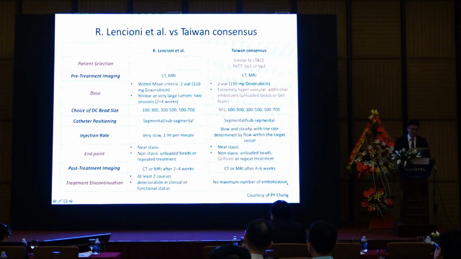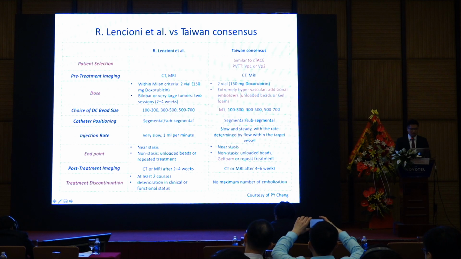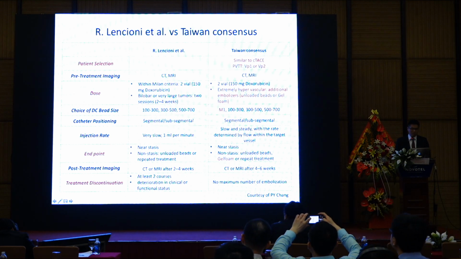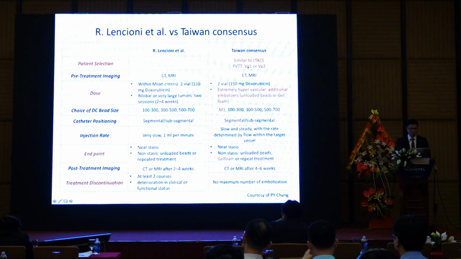So finally, this table briefly shows the two recommendations. The left-hand side is Dr. Lencioni's, published in 2012. The right-hand side is the Taiwan consensus. There are some differences because we mentioned patient selection and extended the criteria to portal vein tumor thrombosis of the VP1 and VP2 patients.